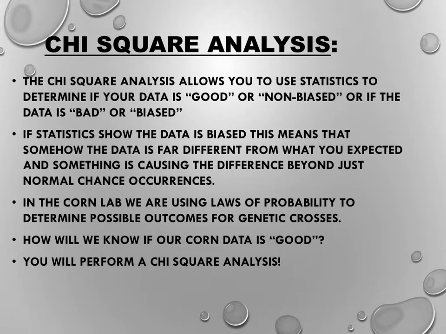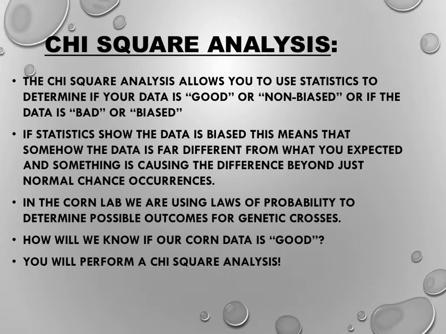So one way to think of chi-square is that it allows you to figure out if the data that you collected is good or non-biased, or if that same data is, quote-unquote, bad or biased. If statistics show that your data is biased or bad, it just means that somehow the data that you collected, the numbers you actually counted yourself, is very different from what you would have expected based on that scenario.